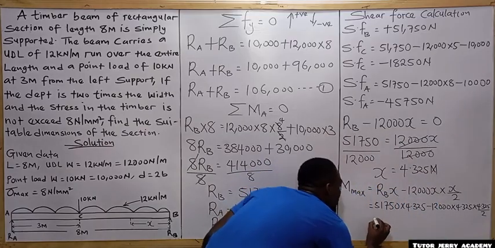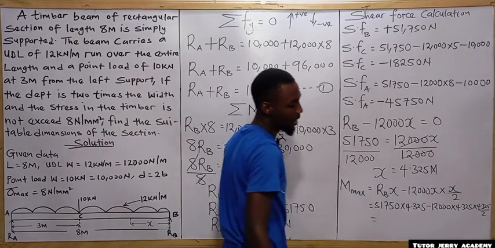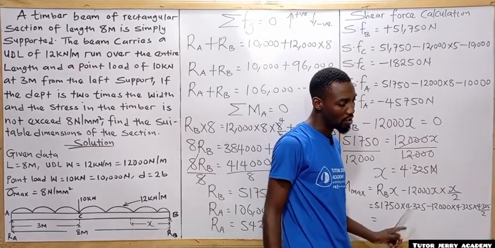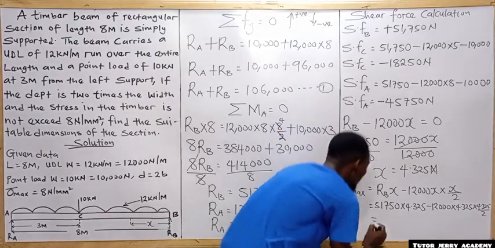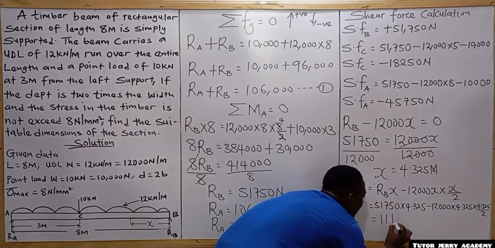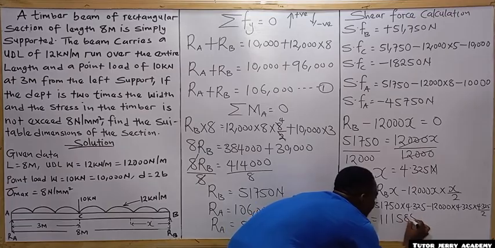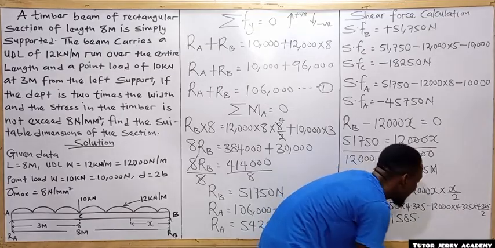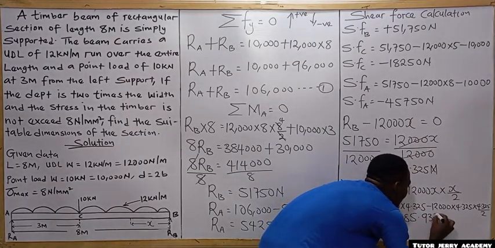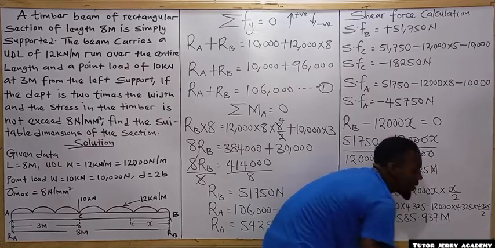All right. So if you put this in your calculator, you are going to have your maximum bending moment to be 11585.937.